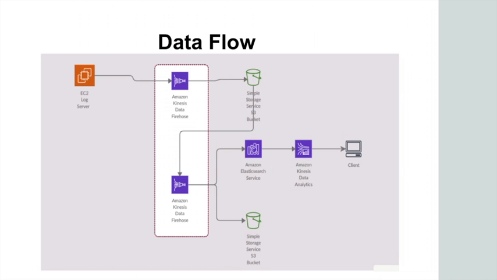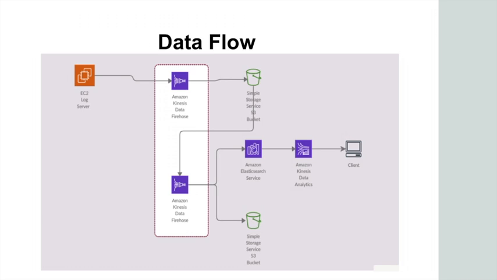After we implement our system, we can look at the data flow. We use the EC2 log server as an example data source to show how the data flows in our system. The data from the EC2 server is first stored in S3 storage.